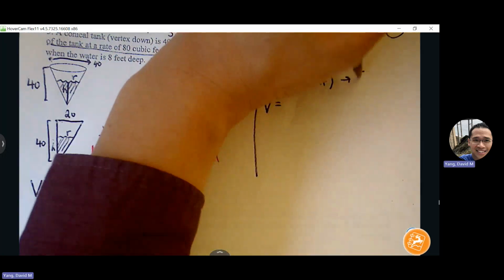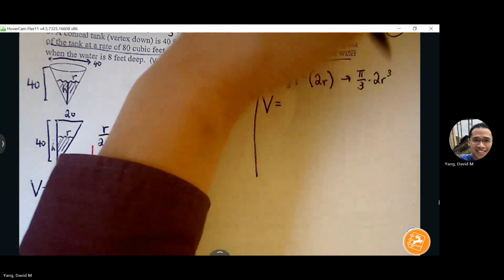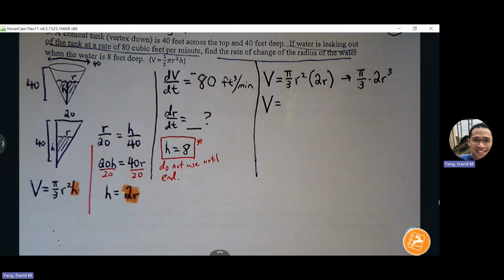No, but we can keep going. I'm going to make that look even cleaner. 2R to the third over 3. What if I put all the coefficients together so I don't have to stare at a number below the variable? It just makes the power rule process a little easier.